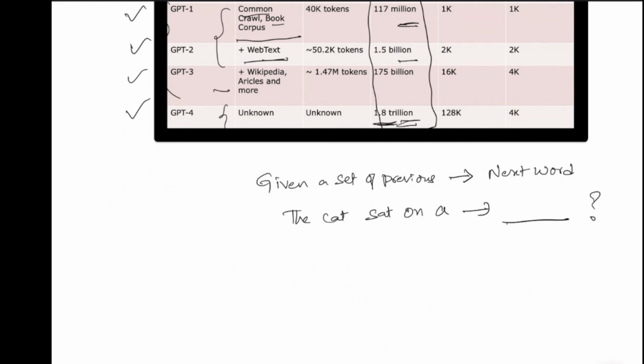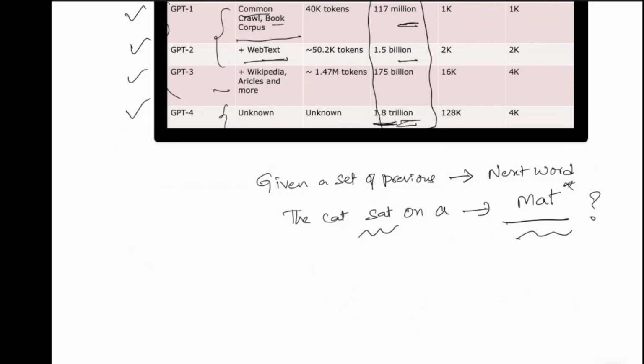Mat. Awesome. It is mostly because it rhymes well, and most cats sit on the mat, not on the dining table. I mean, they do, but most of the time they are on the mat, and that's the data available on the internet as well, right? Therefore, these models favor mat more than anything.